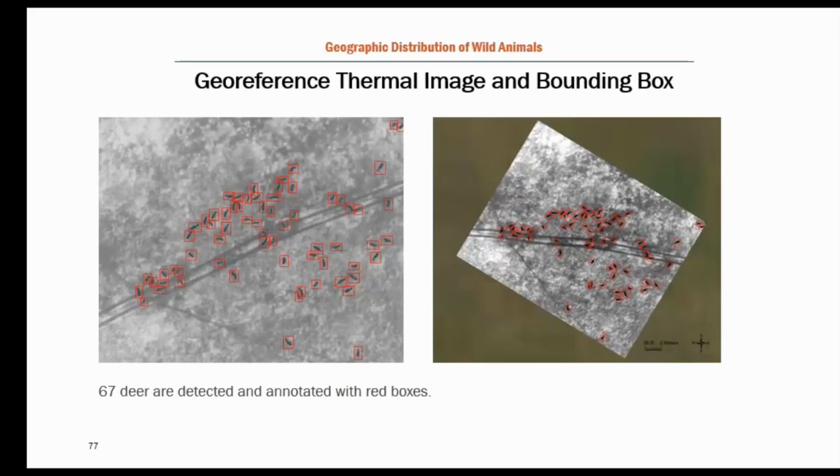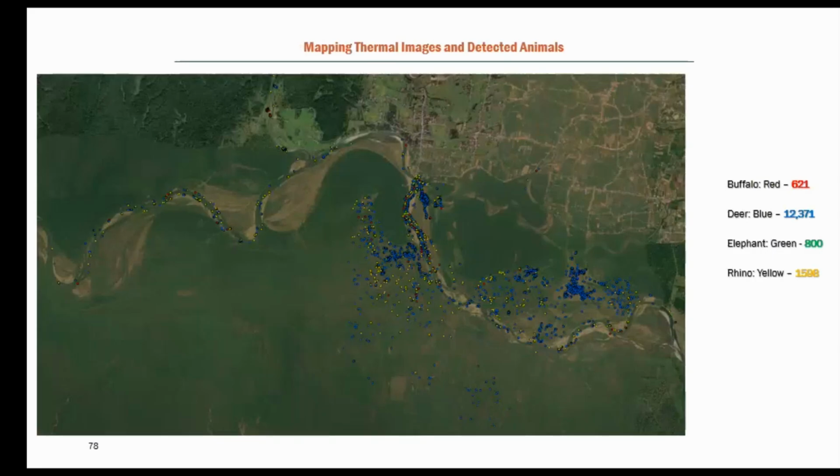A bounding box indicates the position of the detected animals within an image. So the centroids of georeferenced bounding boxes can be used to represent the positions of the detected animals on a map. In this way, we can create the distribution of the detected wild animals.